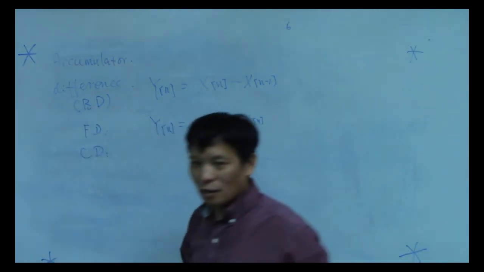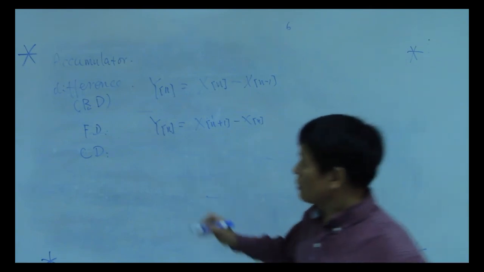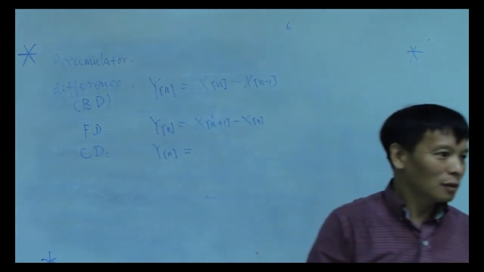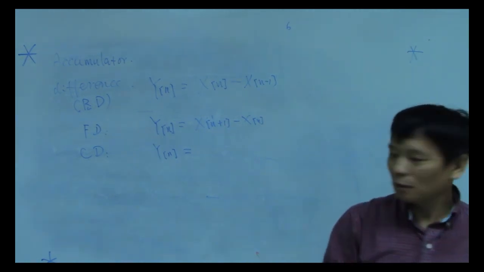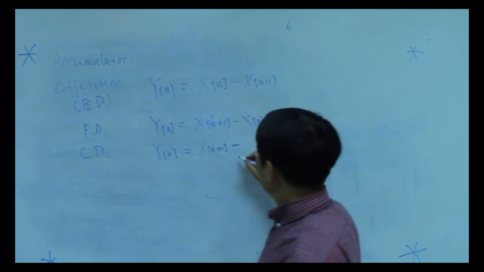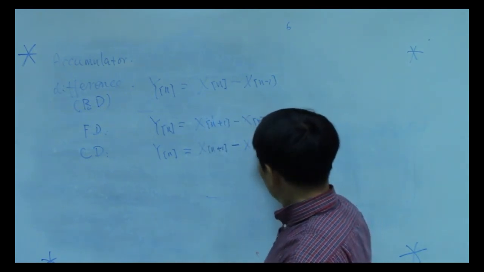Right, we have another one. It's called central difference. Central difference means I use the future neighbor minus the past neighbor. So x[n plus 1] minus x[n minus 1].